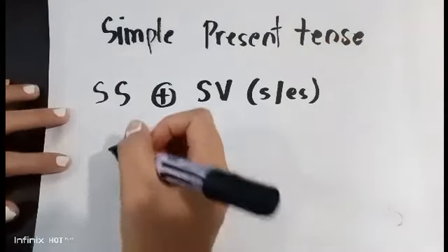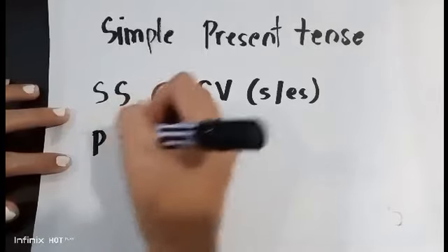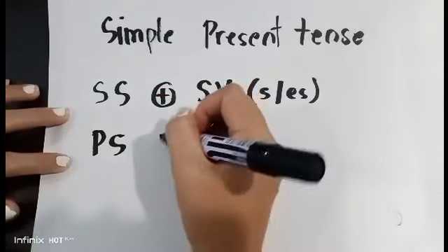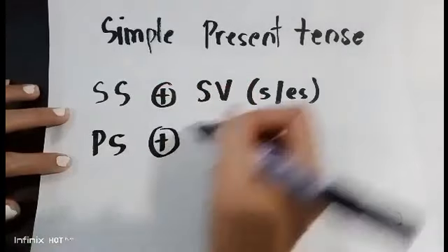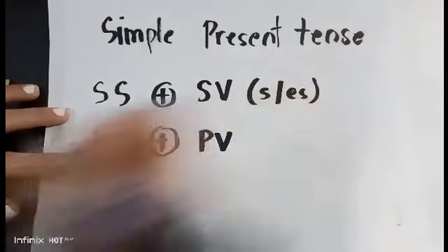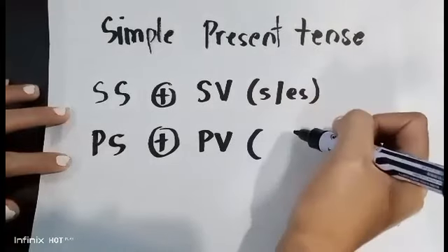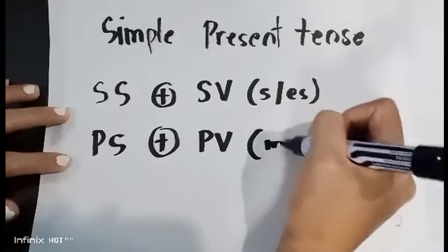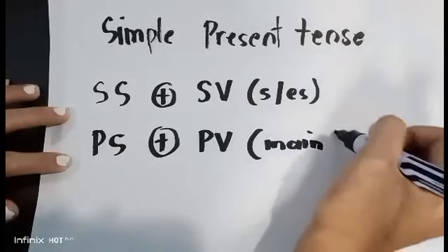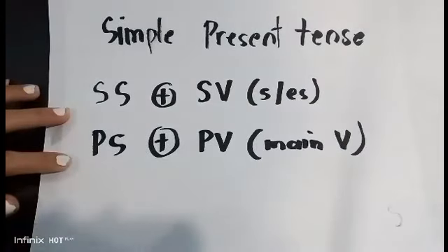Now, the second rule, if you have a plural subject, then it must be followed also with a plural verb. Then, what happens to your verb? It's just only the main verb, okay?